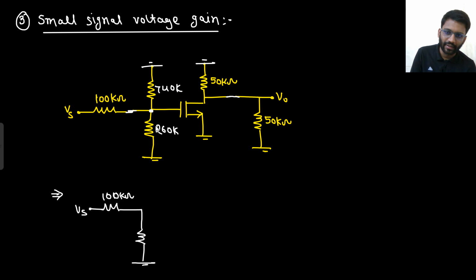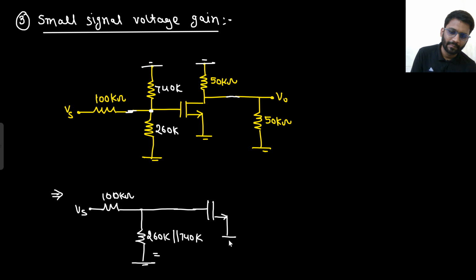Then these two will come in parallel, that is 260 kilo ohm parallel with 740. Then we have the MOS, and from V0 to ground 50 kilo ohm, from V0 to ground 50 kilo ohm.